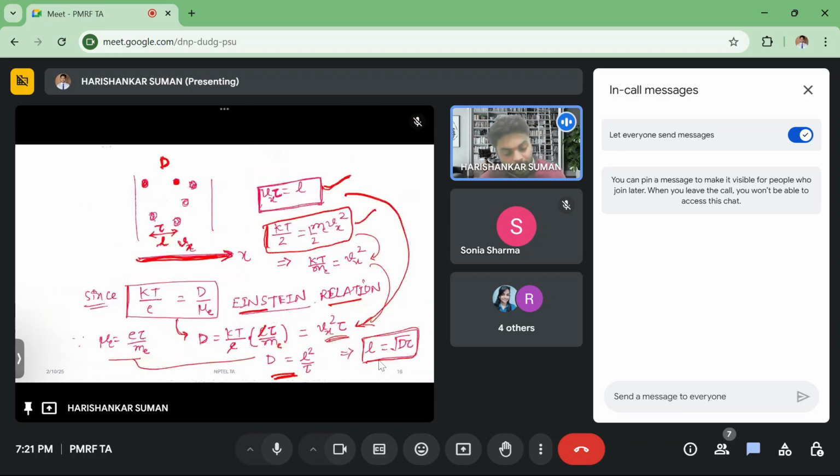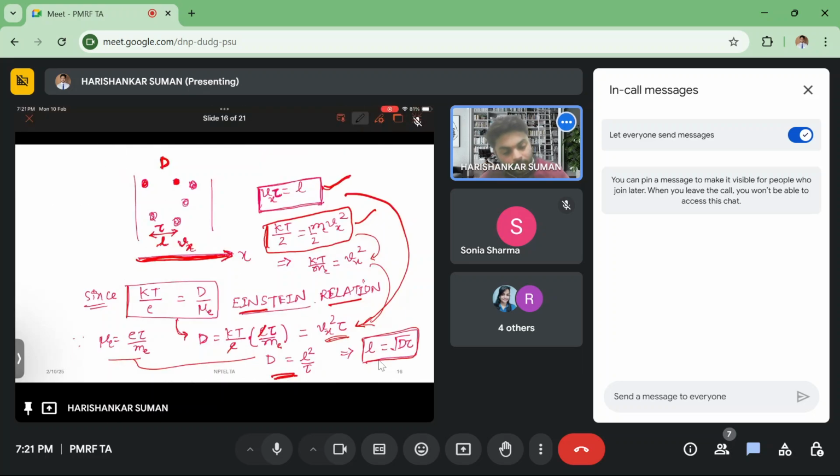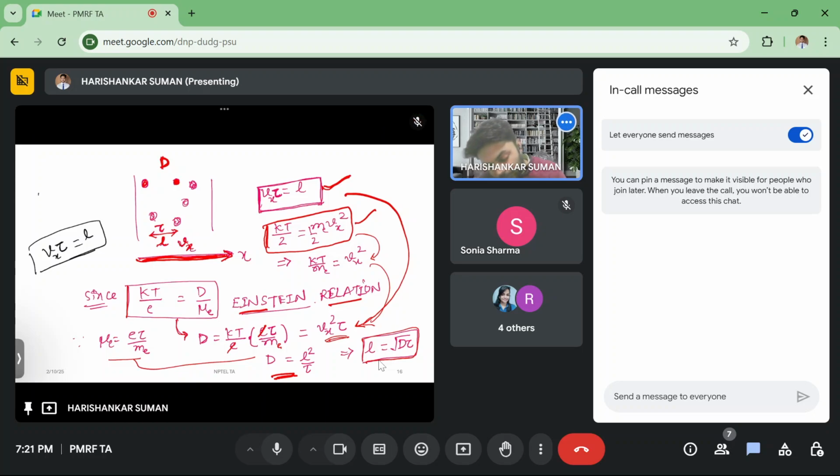so here is the derivation of the Einstein relation. You can check: if the velocity of the charge carrier is v and the lifetime is t, this is the length it can travel. We know velocity equals distance upon time, so this is the relation.